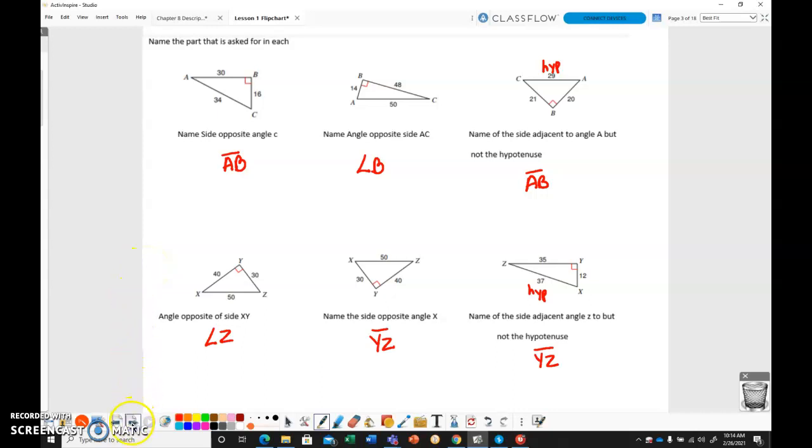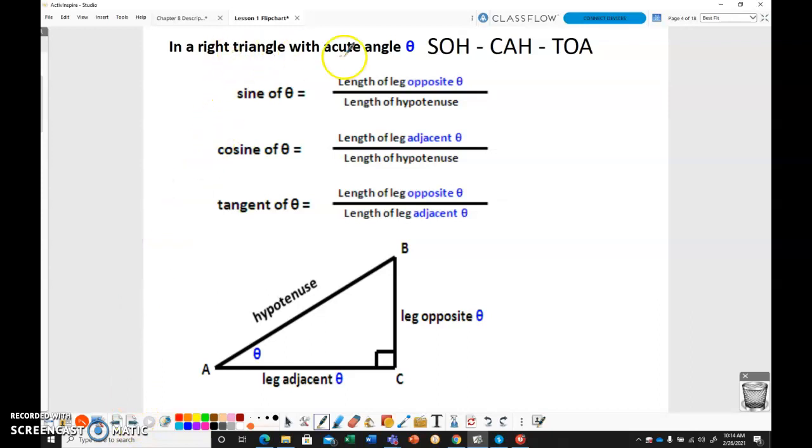Okay. So let's move on to the next piece. This is your right triangle trigonometric ratios. We talk about the sine, the cosine, and the tangent. Now, when you say these, it's a little pet peeve of mine. When we write them, we usually write the abbreviation SIN, but we still say sine because that's the word.